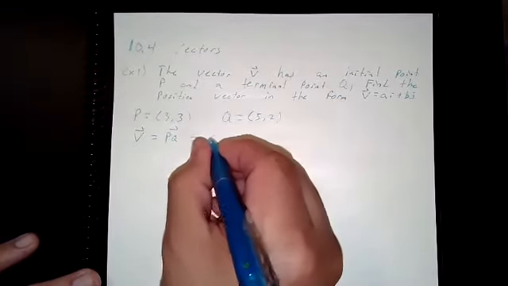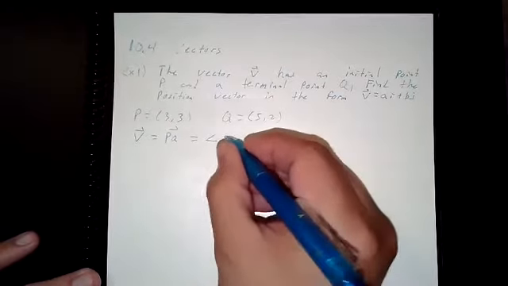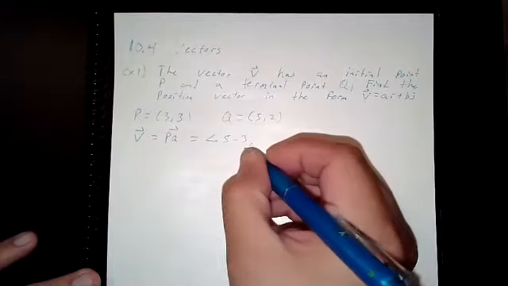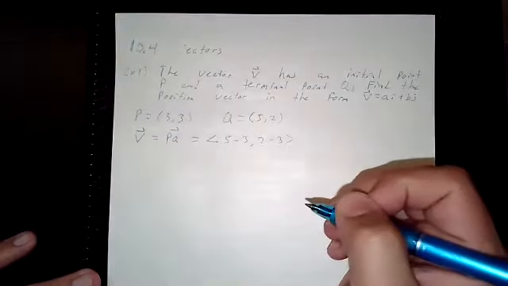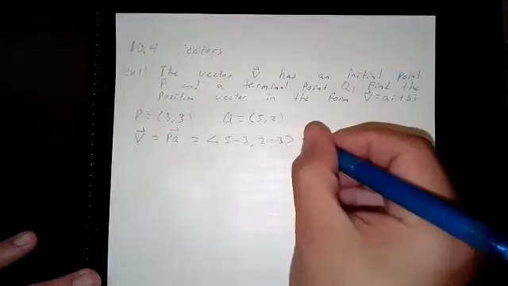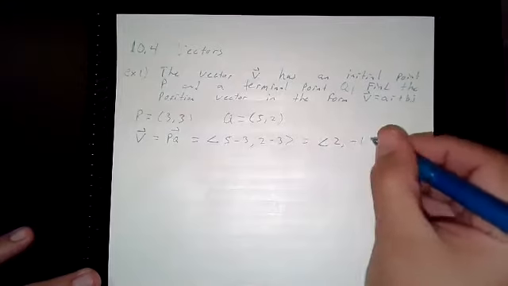I'm going to take the x point, 5 minus 3, and then 2 minus 3. That will give us 2 comma negative 1.